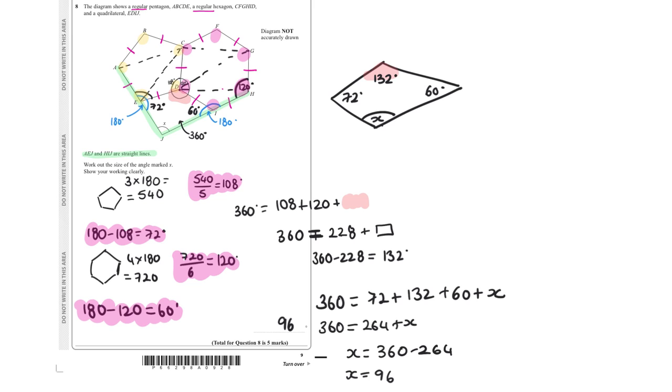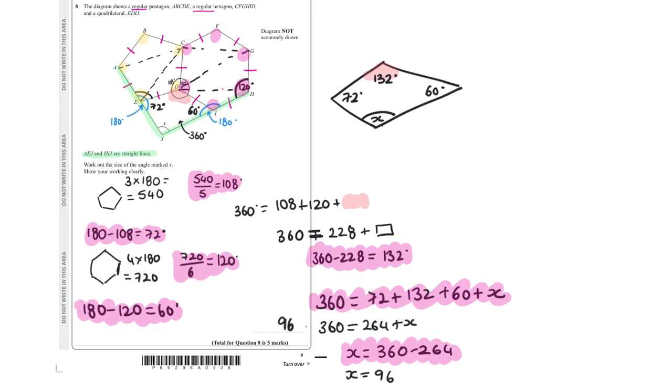You then get 1 mark for this working out here. Okay? You then get another mark, I don't think I would have got, for making sure that you've written this and then you've written 360 minus.